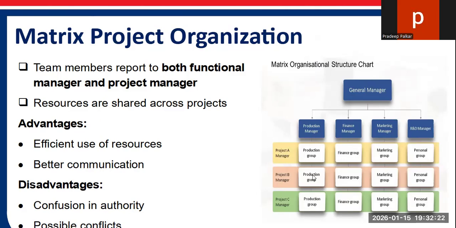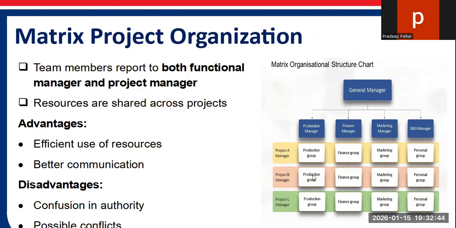What is the main comparison? In matrix organization, multiple projects run at a time. In project oriented organization, only one project runs at a time. The team members work only on one project. The project manager has full authority.